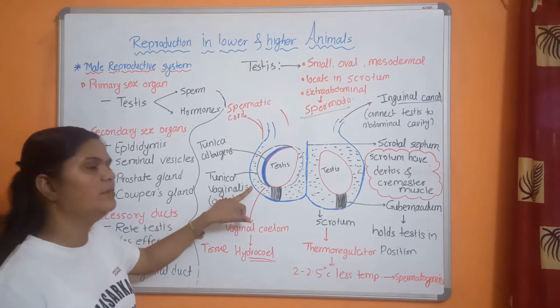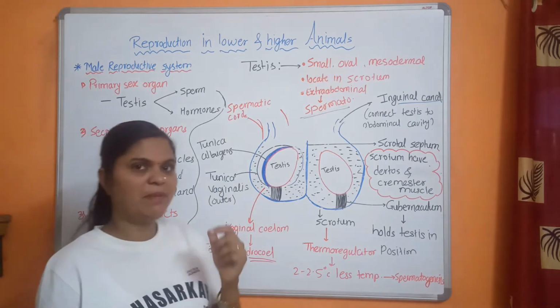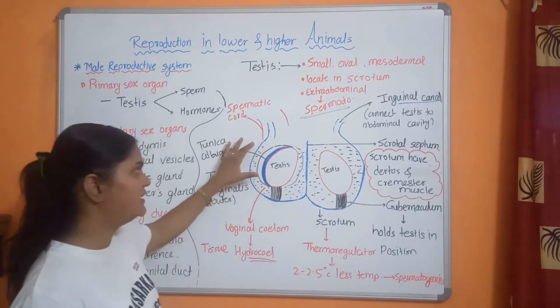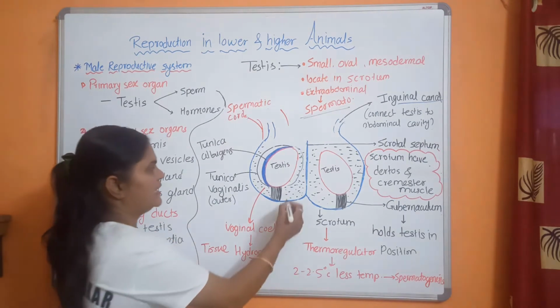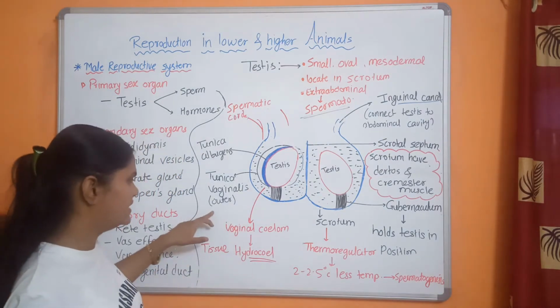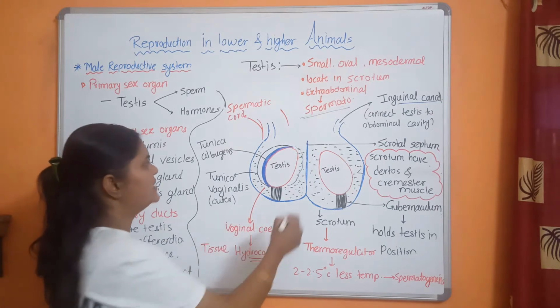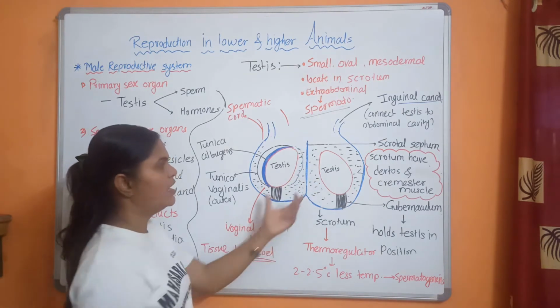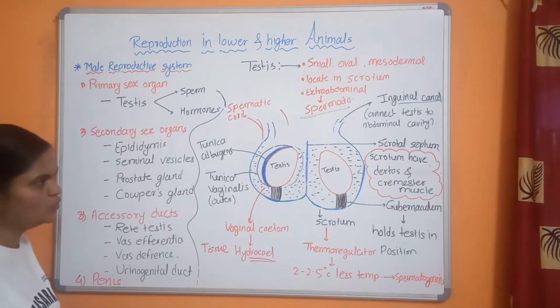The scrotum has one cavity, and that cavity is called the vaginal coelom. The cavity present in the scrotum is the vaginal coelom, and it is filled with fluid, called hydrocele. The testes descend into the scrotum.